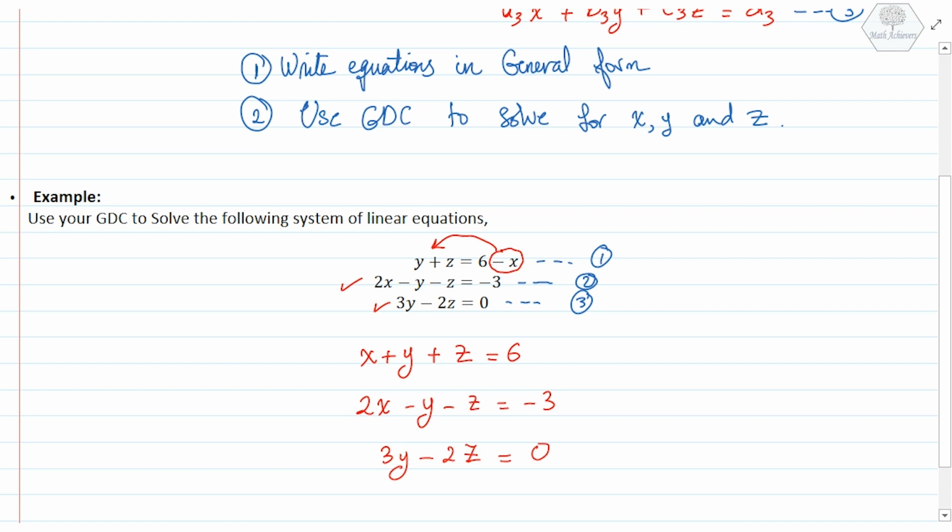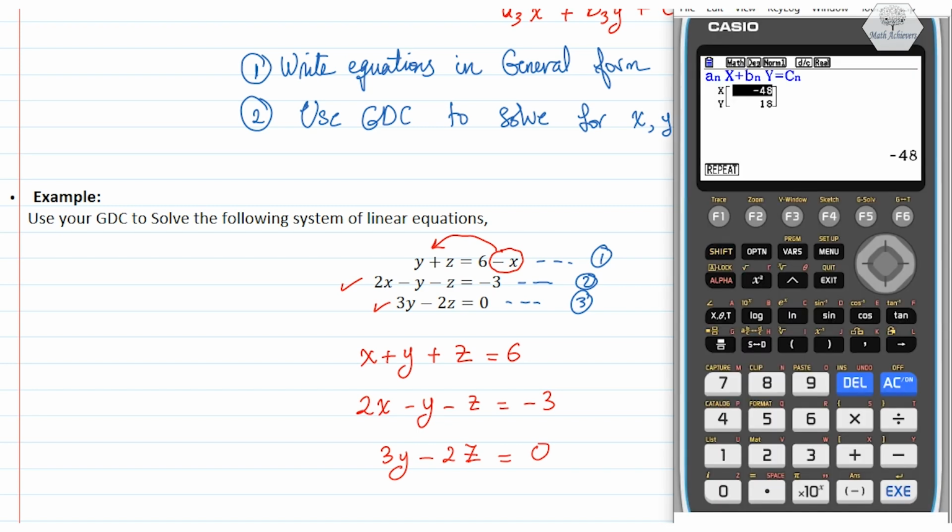Now I use my graphical display calculator. So I exit again, I go to menu. I use the simultaneous equations F1, and the number of unknowns this time is 3. Let's fill in the coefficients and the constant for the first equation.